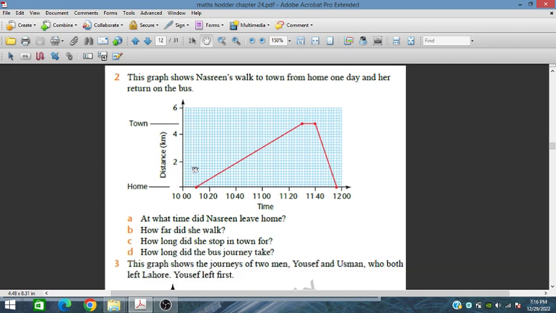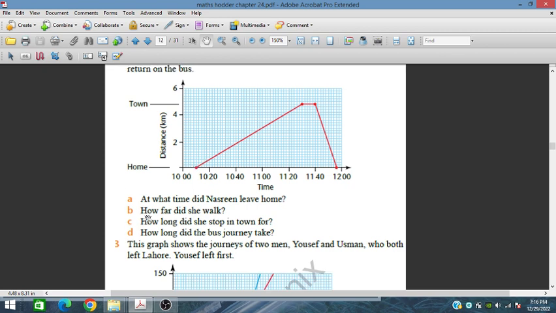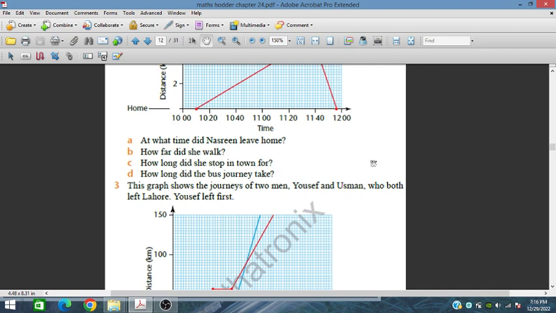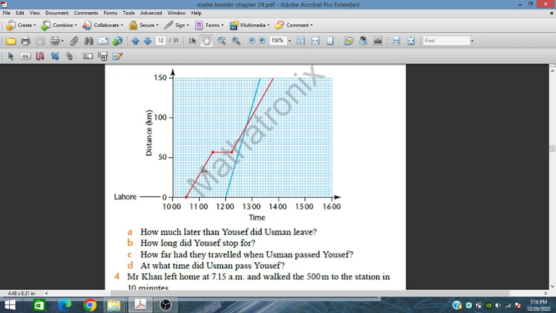At what time did Nasreen leave home? How far did she walk? How long did she stop in the town? And how long did the bus journey take from the town back to her home? This is question number 2.